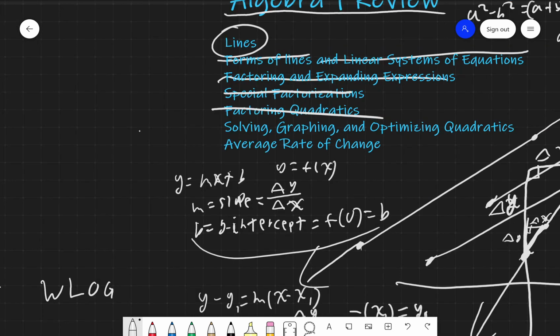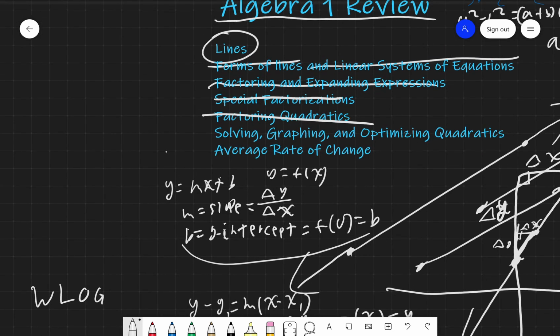Now, let's talk about solving, graphing, and optimizing quadratics. Speaking of, I forgot one thing with systems of equations: you can just graph the equations and then find the intersection point.